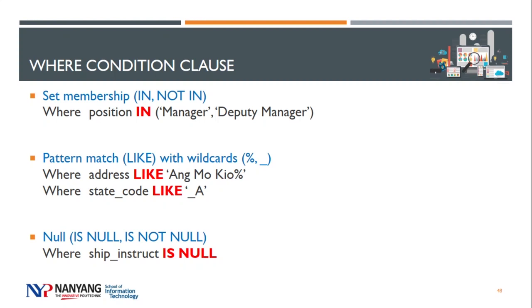For example, we can use where address like a given pattern, or where the state code like A, so that we retrieve string values matching the pattern or with the state code A.